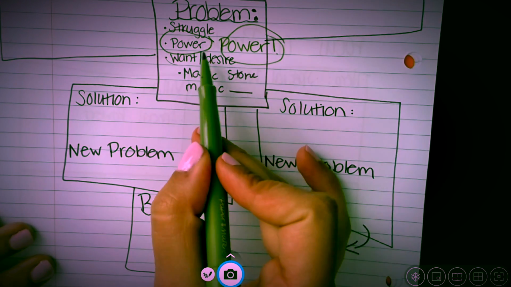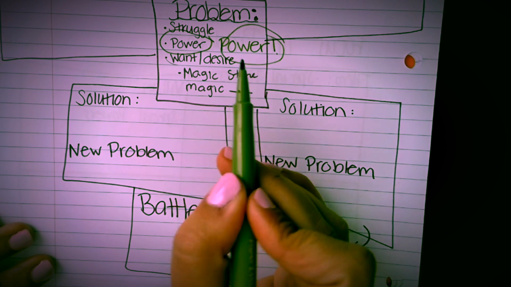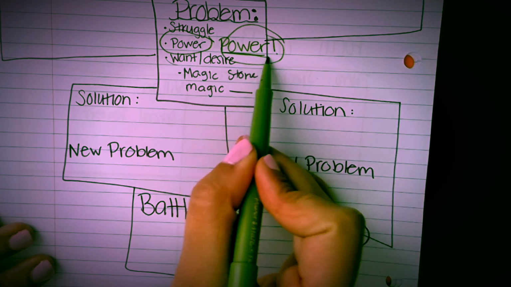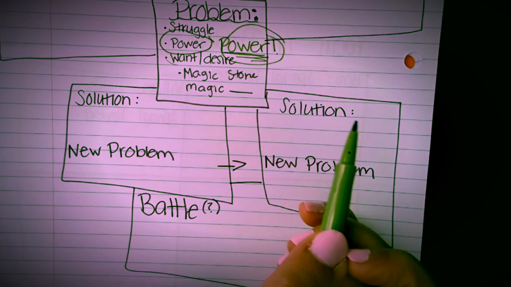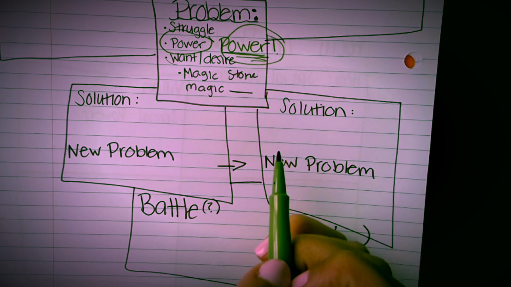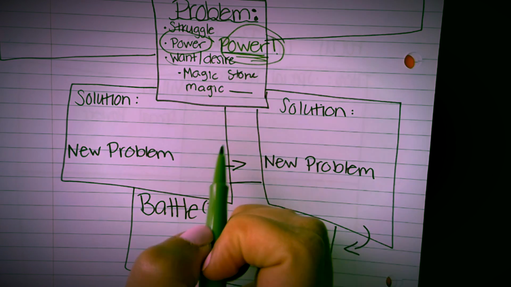So I'm going to go through and show you my graphic organizer to show you how you might want to plan this. You can see that for my problem, I chose the problem of power. I want my villain to want to take control of the town, and I have two heroes that I feel are going to help stop this villain.